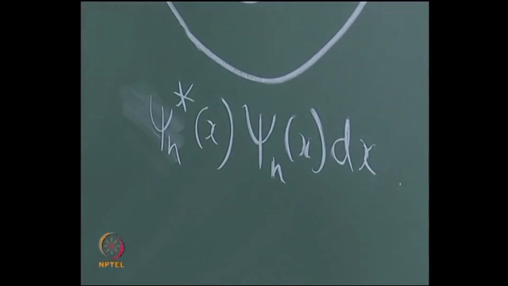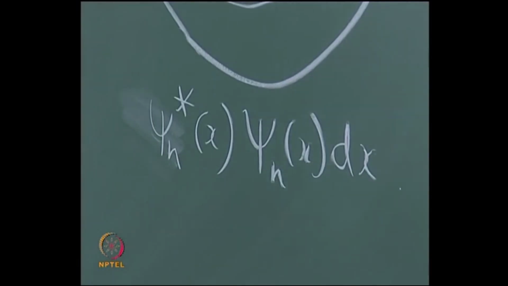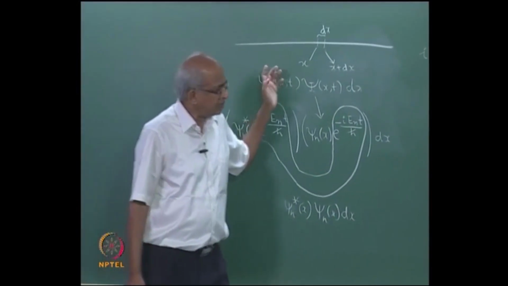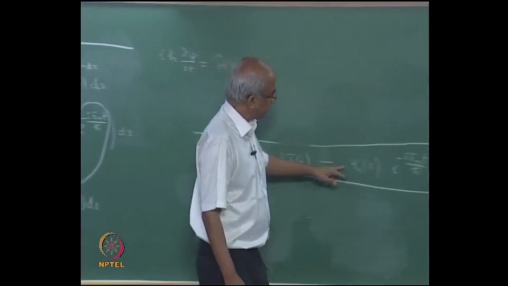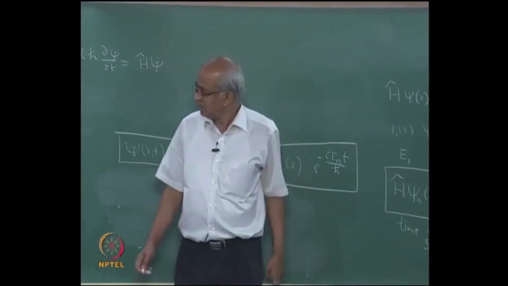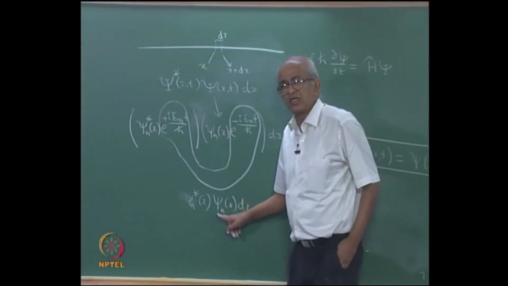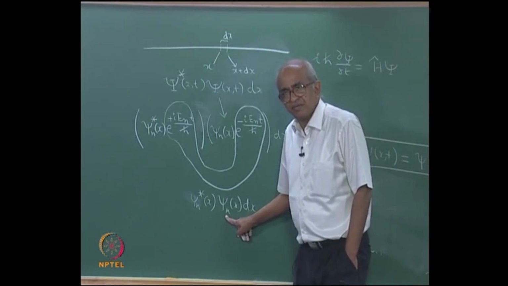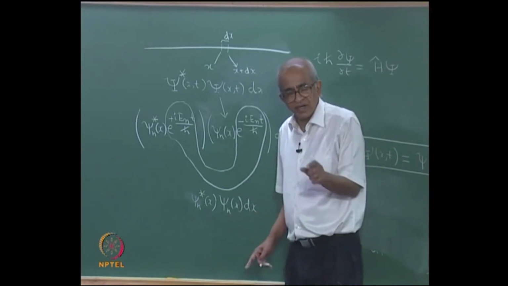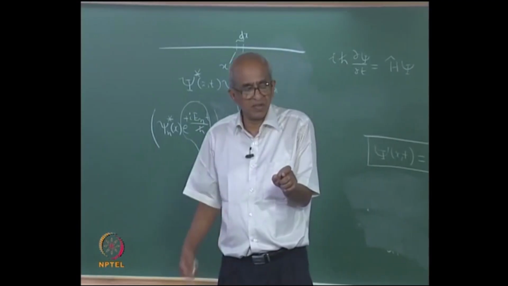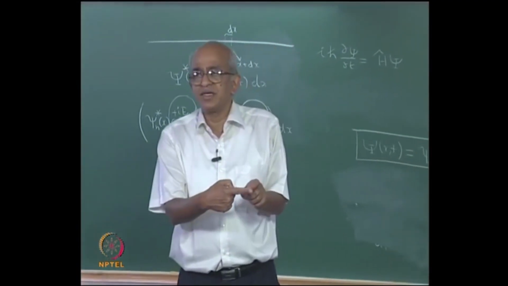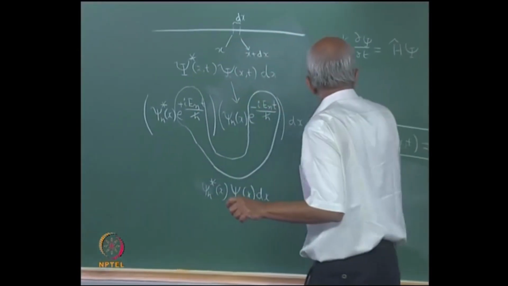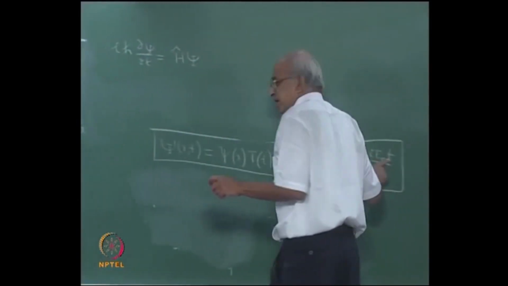So, even though originally time was there in our expressions, if it so happens that the state function is given by such an expression, then the answer that you get is independent of time. So, the probability that your particle may be in a small interval of length dx does not change, even though your state function actually depends on time.